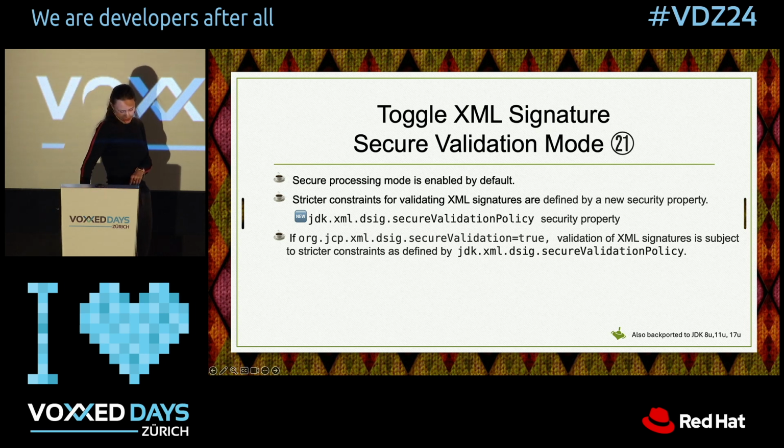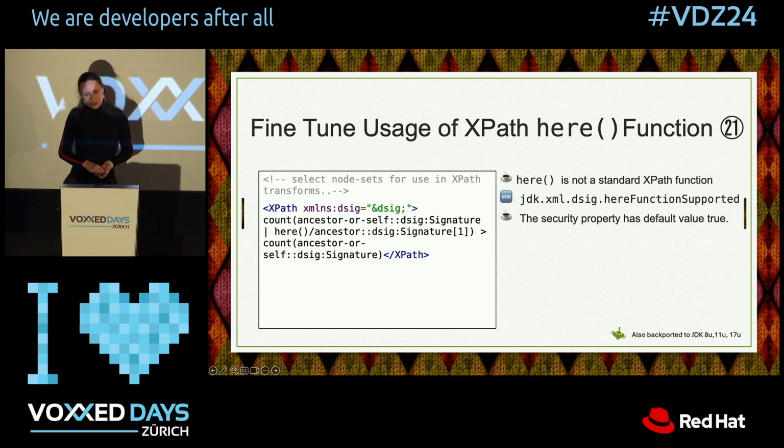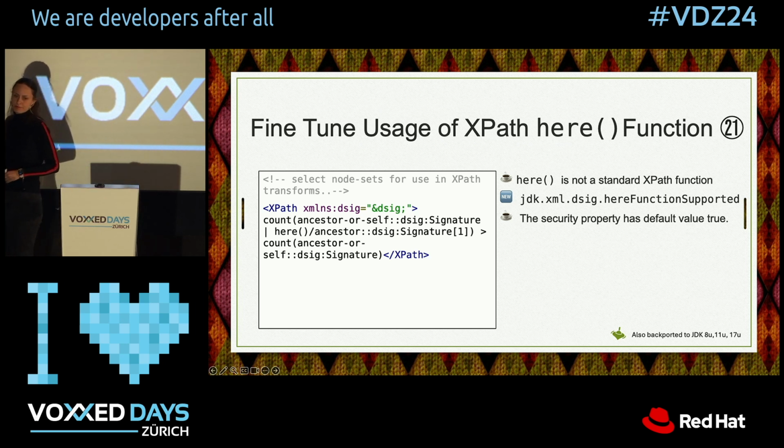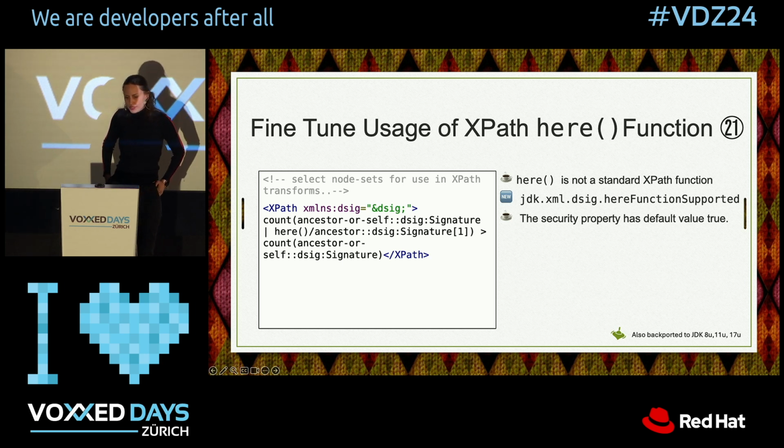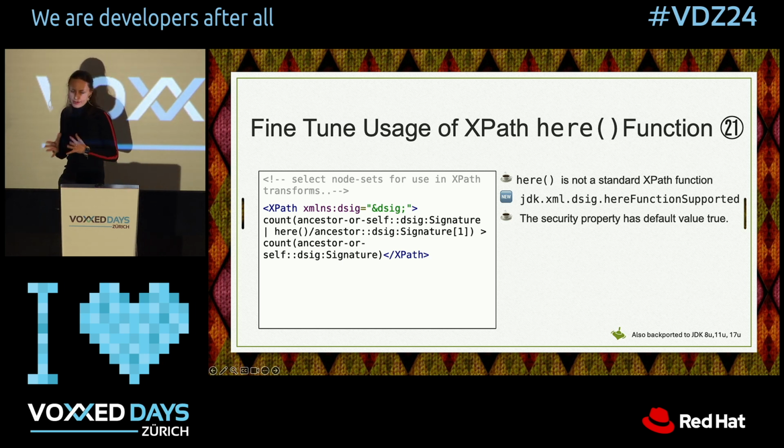But apart from that, another change that occurred was that there's support for fine-tuning the usage of the XPath here function. So here is not a standard XPath function. And what happened is that the upstream project has removed it, but yet a lot of XML signatures at this moment are still using that one.